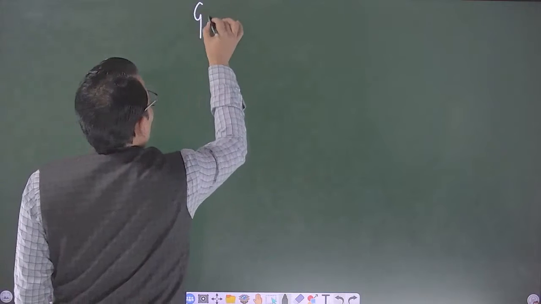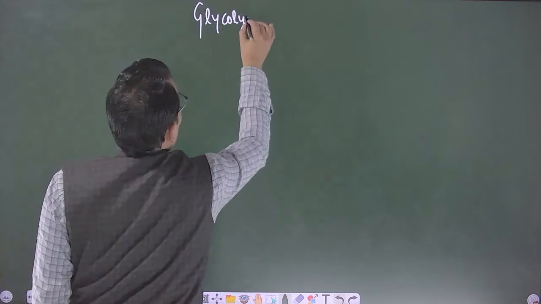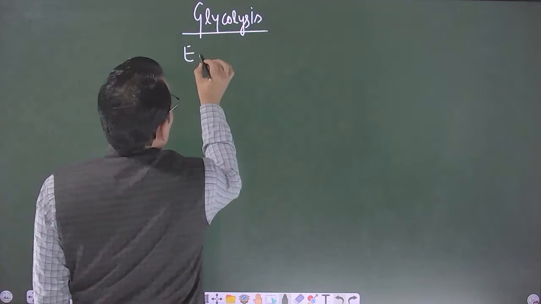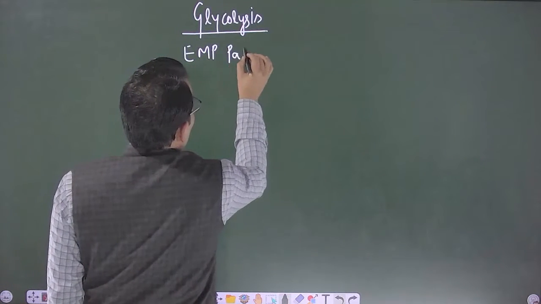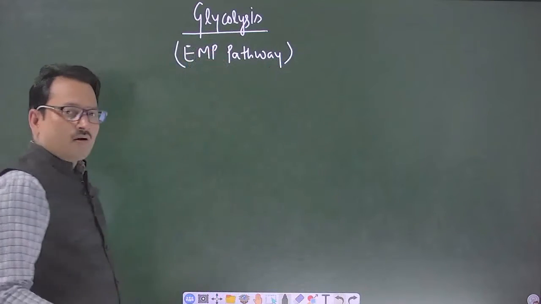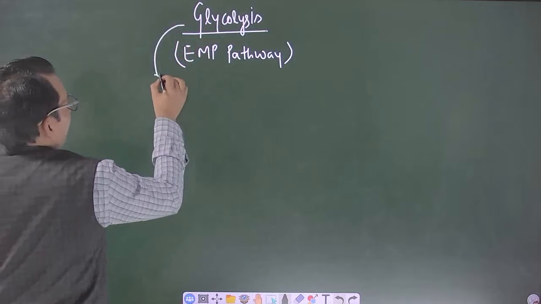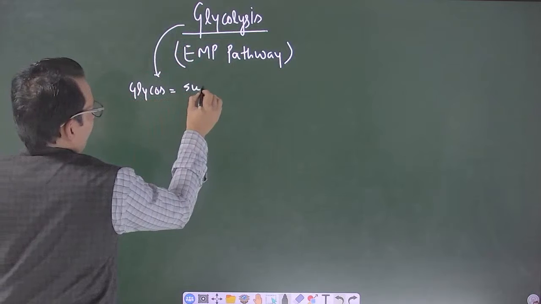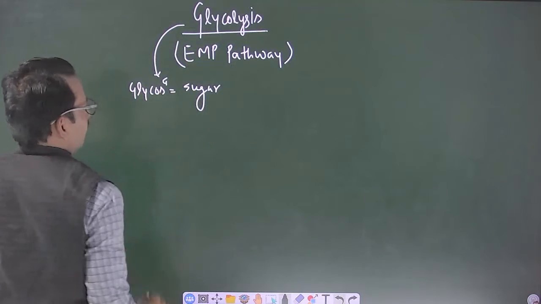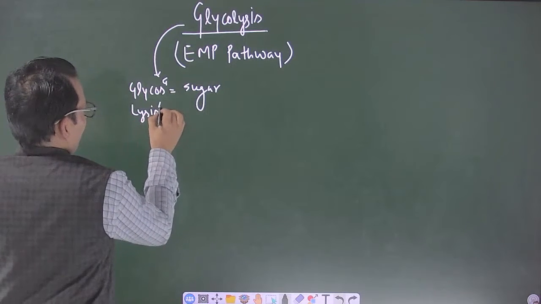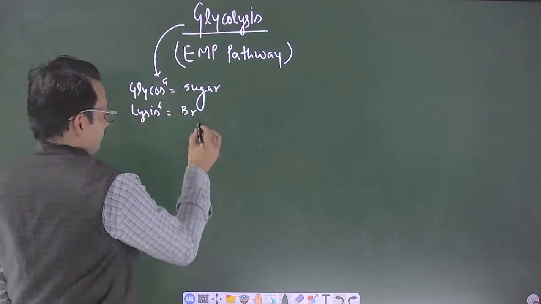So, the point is, we are talking about a concept called glycolysis, which can also be called the EMP pathway. Glycolysis can be understood from the words glycos and lysis. In the Greek language, the term glycos stands for sugar, and lysis stands for breakdown or to split.